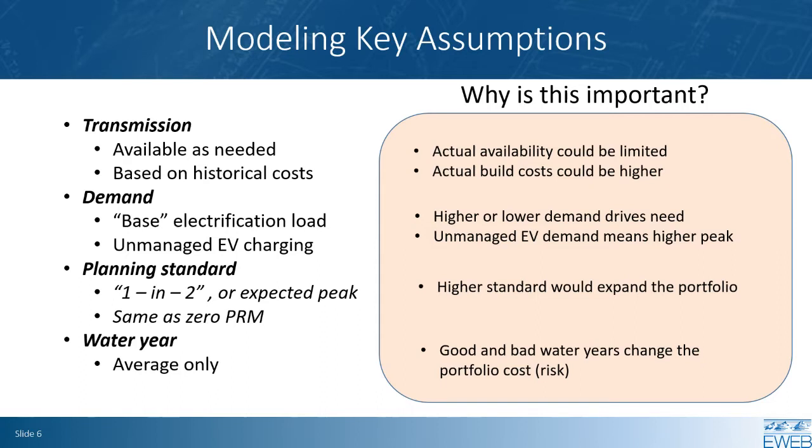So our reference case chooses to meet the highest load hour each year, and this is known as a 1 in 2 planning standard. That means that we will meet that peak load half the time. That's a 50-50 1-in-2 planning standard. But that also means that we have zero reserve or no extra cushion before going to market.